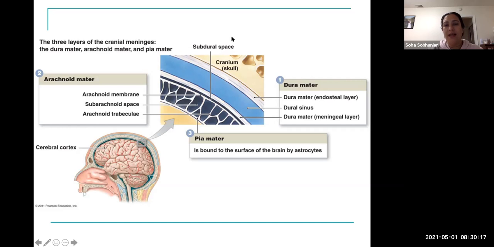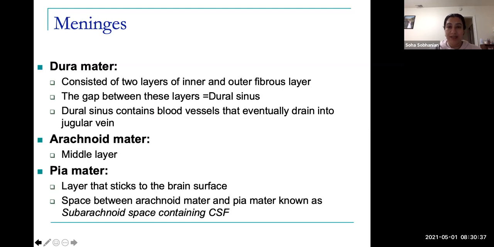This is your skull right here, here is your brain tissue right here, and these are the 3 layers of meninges. So there is a double layer of meninges called dural matter with a space between them called dural sinus. So what is the importance of this?